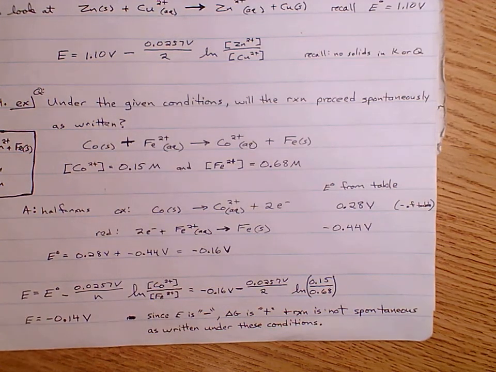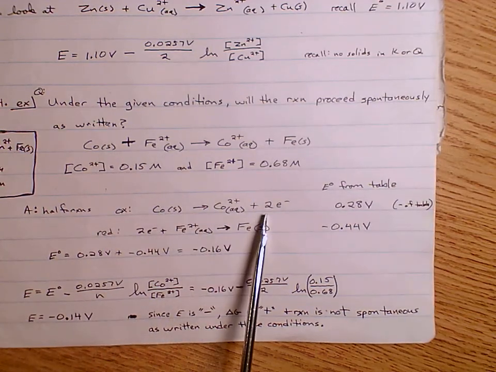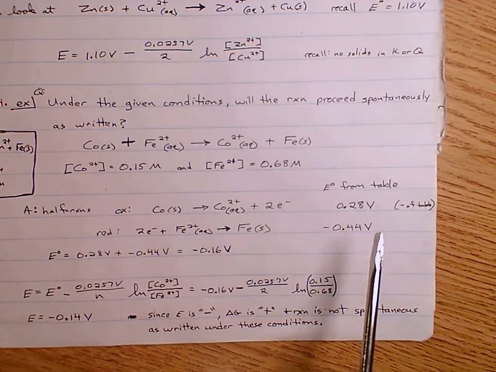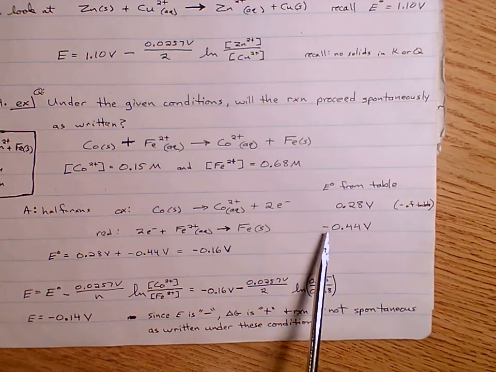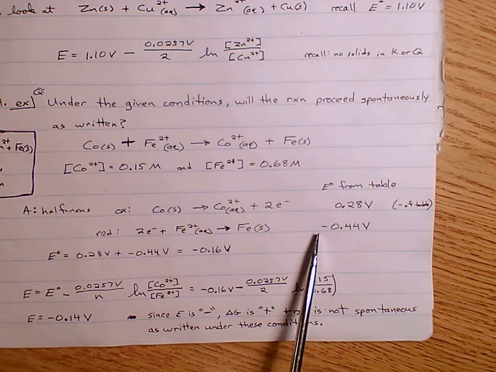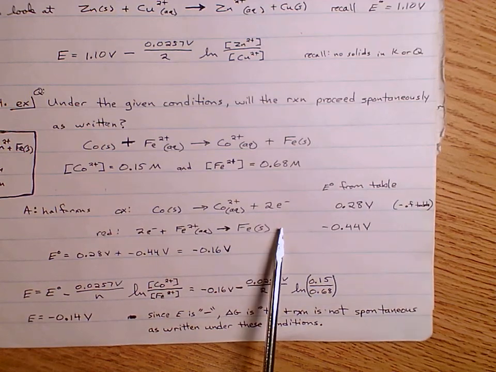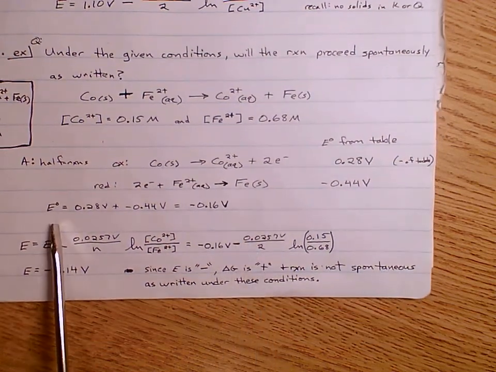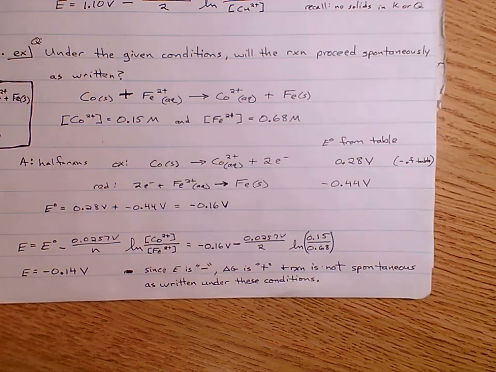If we look at the half reactions as written, here's our oxidation half reaction, here's our reduction half reaction, with the voltages we get from the standard table of reduction potentials. What we find is when we add up the oxidation and the reduction potential, E naught equals negative 0.16 volts.